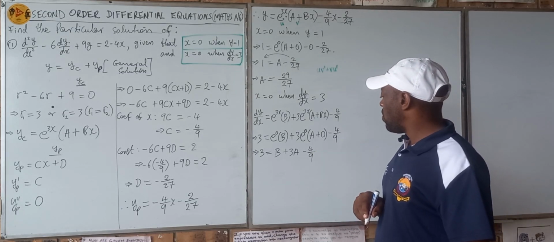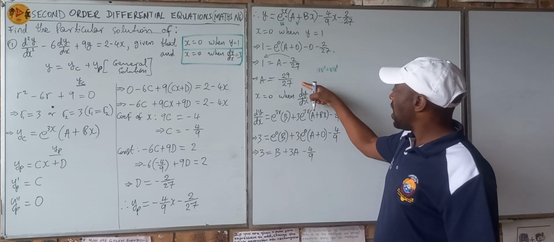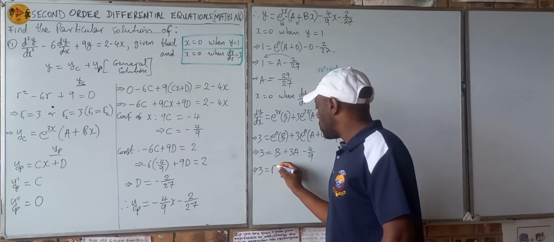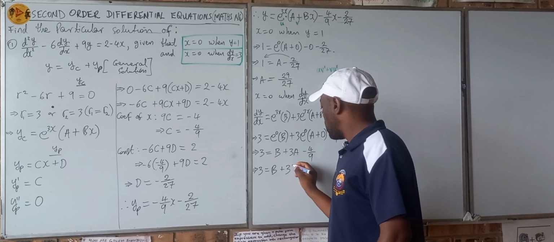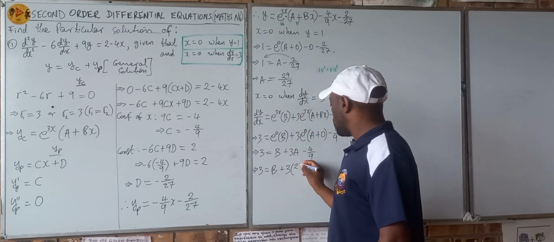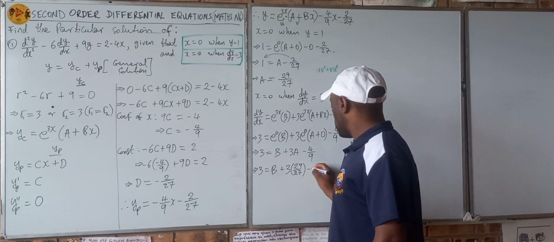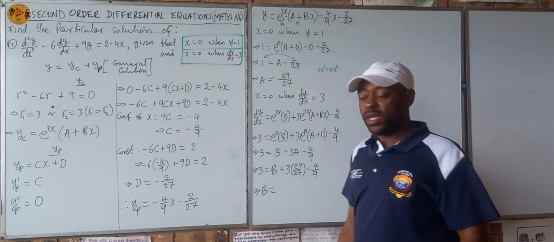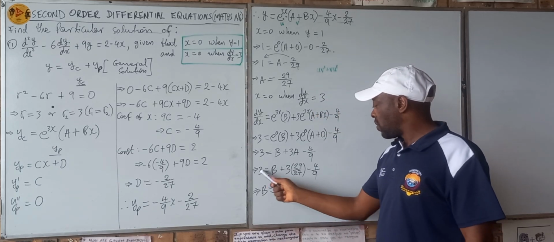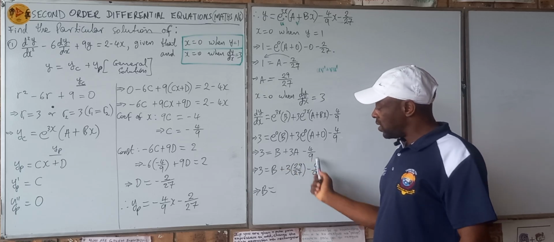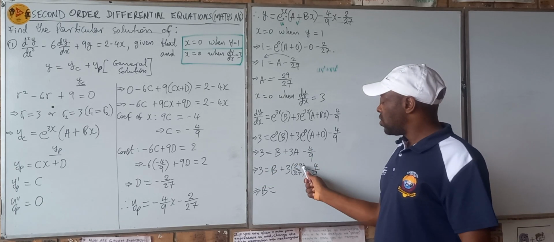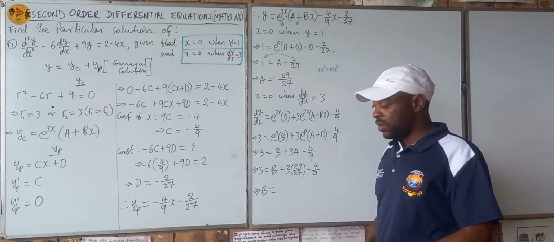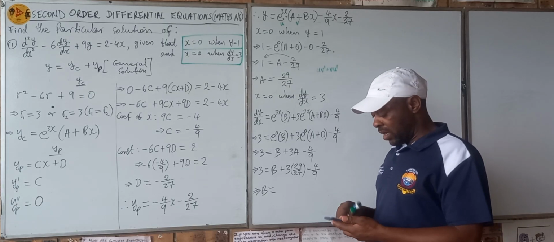So 4 over 9 will move over. Then a, we know it already. So this means I'm having 3 is equal to b plus 3 into my a, which is 29 over 27, minus 4 over 9. So this is enough information for us to get b. To get b, I need to take 3, then I add 4 over 9 to it since it will cross, then I'll subtract 29 over 9, since 3 goes into 27 nine times.